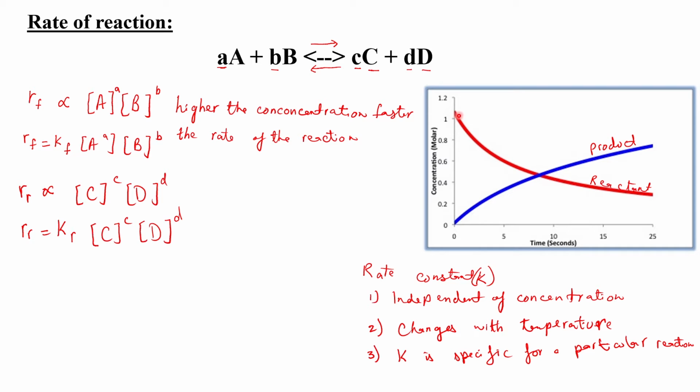At the same time, there will be an increase in the concentration of the product as the forward reaction is making more product. Another point to remember about this K is that it is a unitless constant.